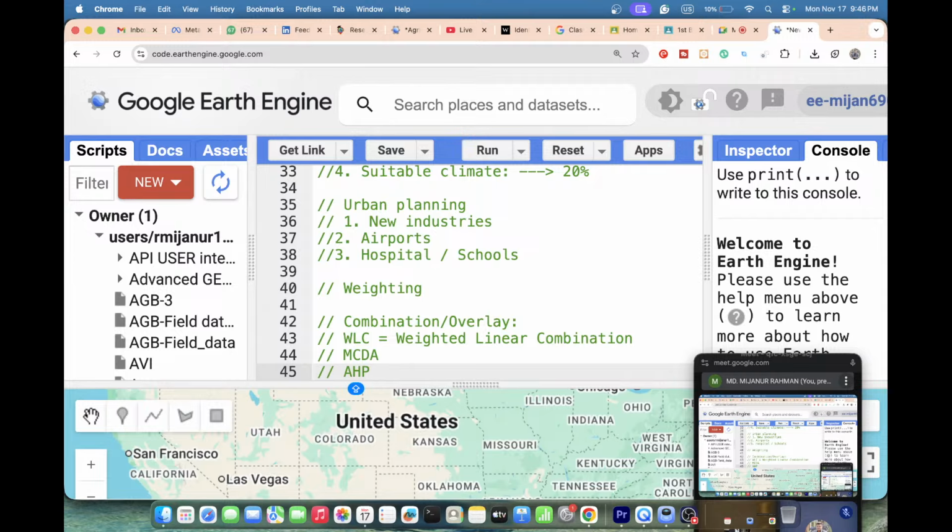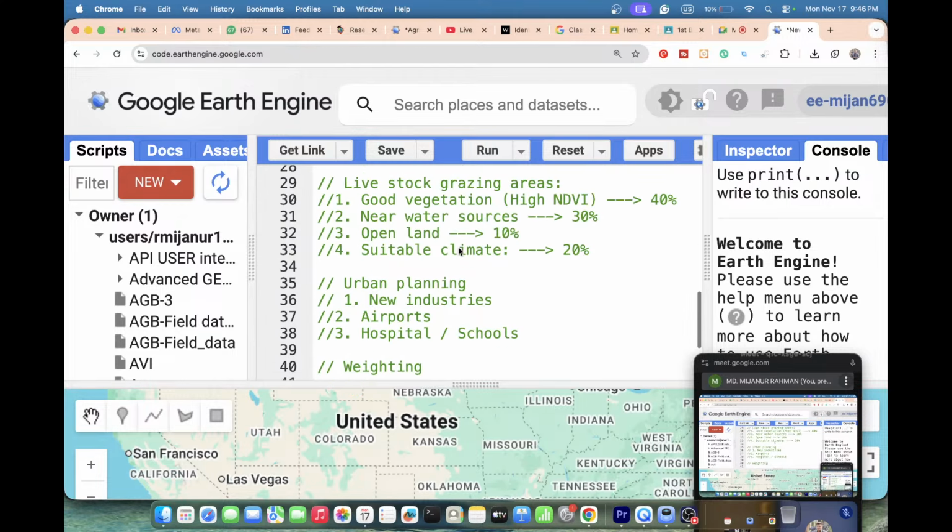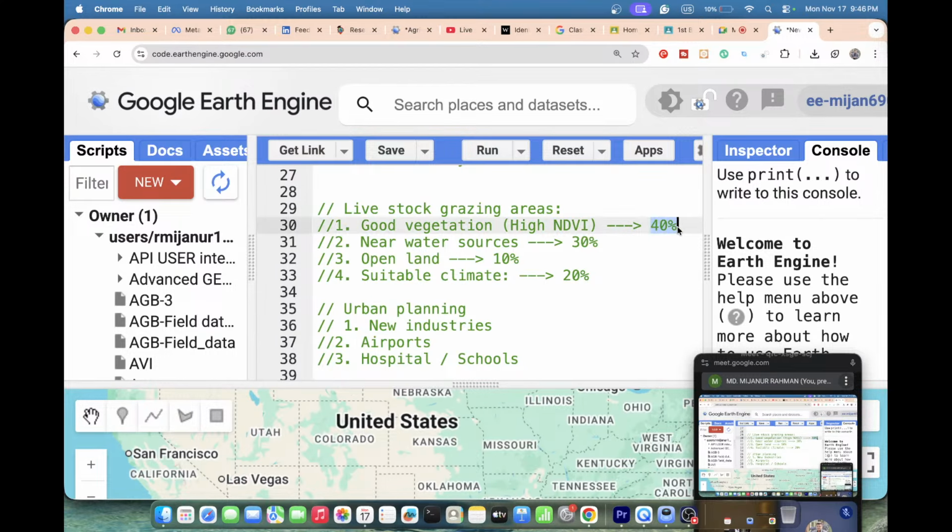So weights are created by using the pairwise comparison, it's called the AHP. Or in MCDA, suppose I put the factor that is the most influential to the livestock production area, then I put the second, this is the second, near water resource, this is the third, this is the fourth. Okay, so we simply set the combination.